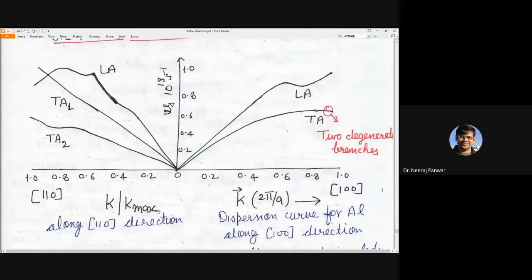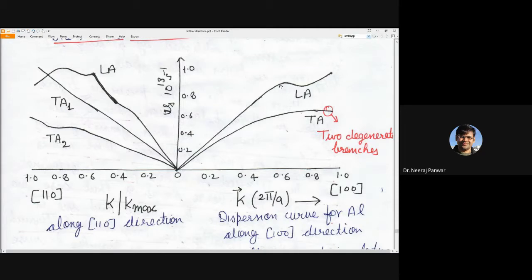So you see, along the 100 direction, we have only two branches because the lower branch, the transverse branch, is degenerate. The two have the same energy. That's why in place of two, we only have one curve, but actually there are two. And the higher branch, as I told you, the longitudinal branch, has higher frequency and hence higher energy.